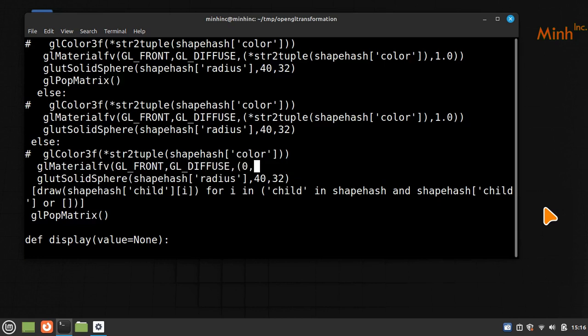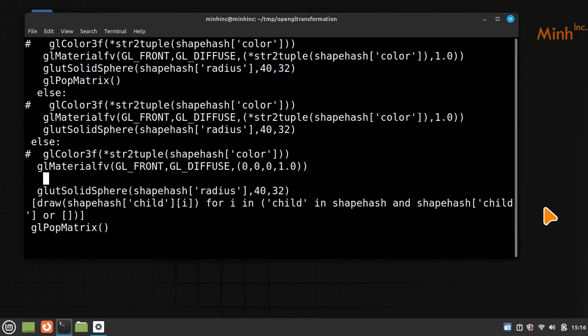We don't want it. And here we will add glMaterialfv, and that is GL_FRONT, GL_EMISSION. It has its own emission.